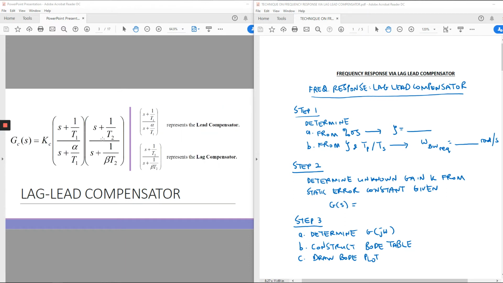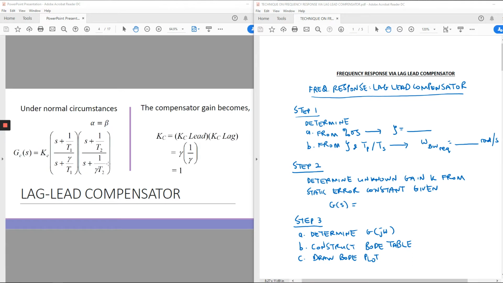So we arrange this transfer function of alpha and beta into this one, and the compensator gain is equal to KC lead multiplied with KC lag, so it becomes 1. In this case, this is beta. KC lead is equal to beta, KC lag is equal to 1 over beta.